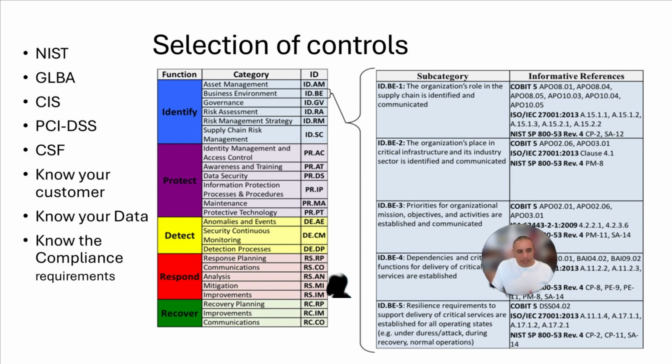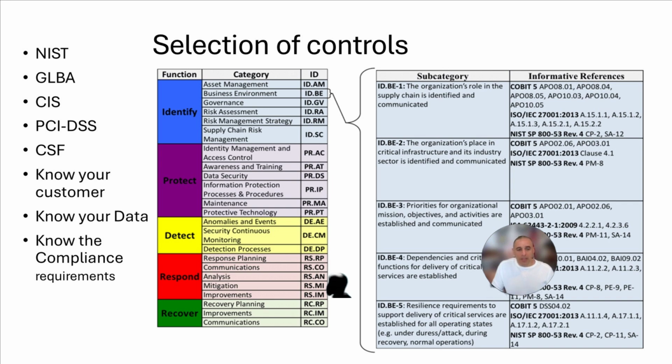Integrating RMF with the Cybersecurity Framework, CSF, developed by NIST, provides a comprehensive approach to managing cybersecurity risks. The CSF helps organizations identify, implement, and improve cybersecurity practices while aligning security activities and priorities with business requirements. By combining RMF and CSF, organizations can enhance their cybersecurity posture, manage risks effectively, and align security efforts with business goals.